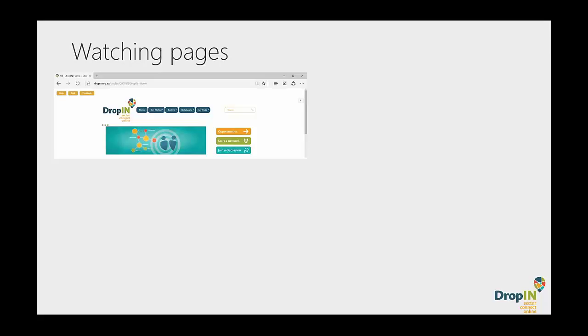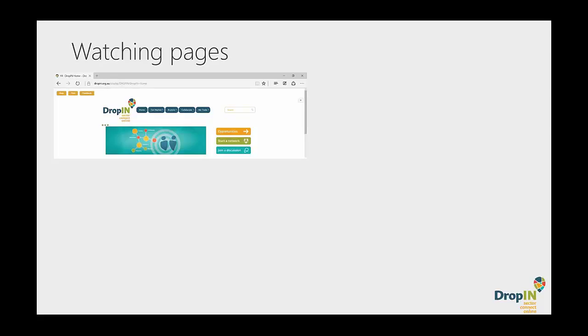But you want to be in the loop whenever someone posts news in your sector or a new file. So you want to watch a page. When you watch a page, you get email notifications when someone adds something new in that page.